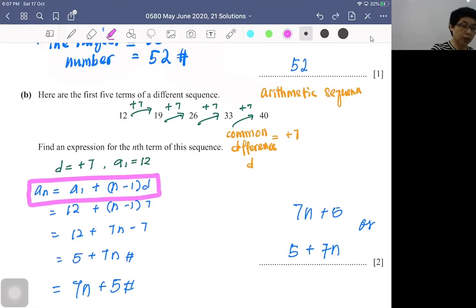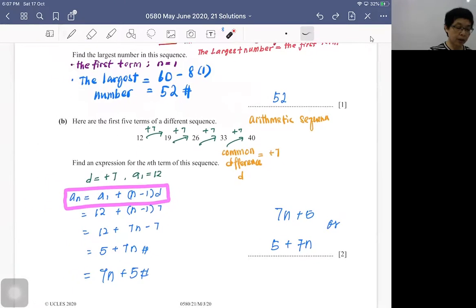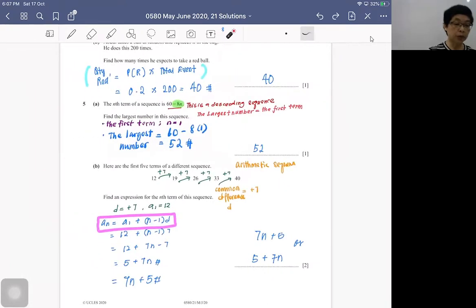Therefore I put down here the first term as 12. The d, which is the common difference, is +7. By substituting everything and simplifying, you get 7n plus 5. You can also write that as 5 plus 7n. And you get the full mark for this question.